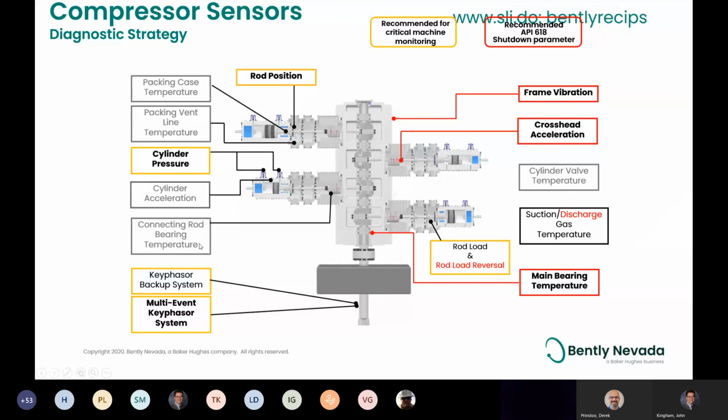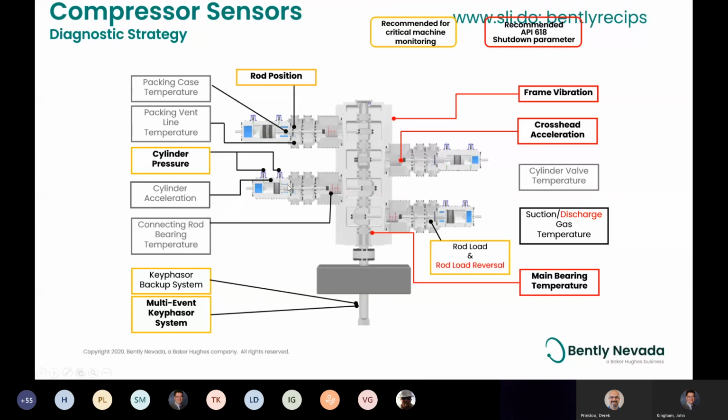And then connecting rod bearing temperature, I don't have any slides on that, but essentially you're putting a thermocouple down by the connecting pin, and you have to get that data out, and it's moving back and forth, so you can't have a wire there. So it has to be done wirelessly, some wireless telemetry.